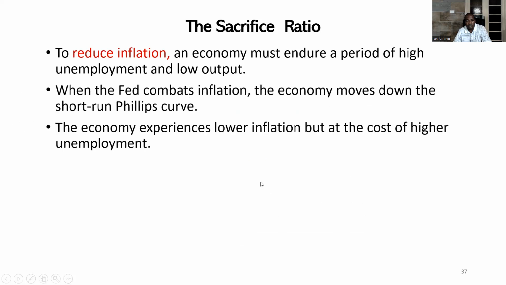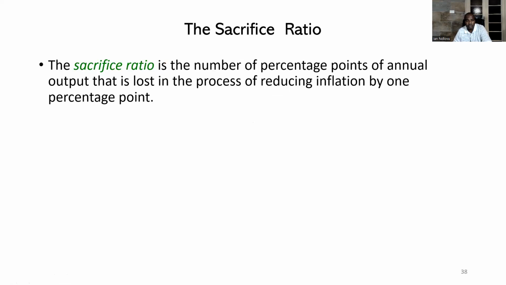And then you have the concept of the sacrifice ratio. To reduce inflation in an economy, we must endure higher unemployment and low output, at the opportunity cost of lower levels of inflation, so to speak.